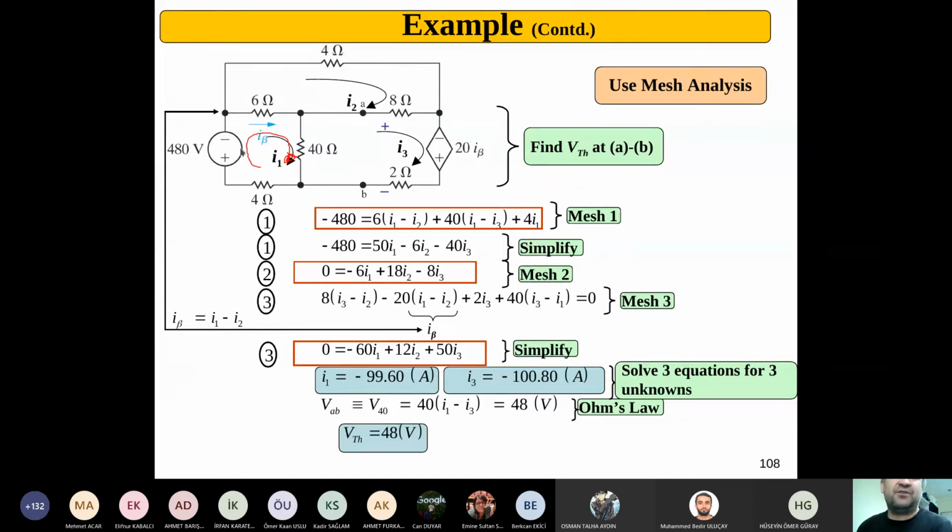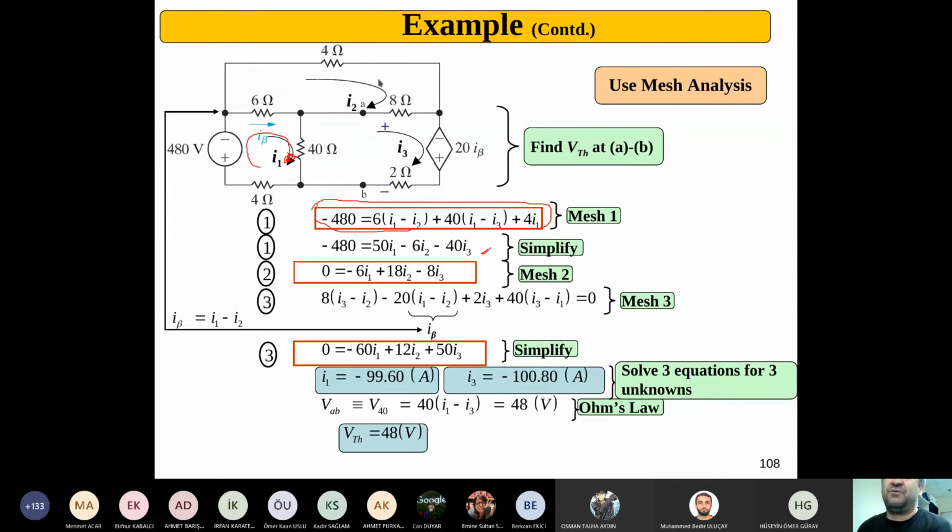If you start from this side, for this one, it is 480 volts plus 6 ohm multiplied by I1 minus I2, plus 40 ohms multiplied with I1 minus I3, and 4 ohms multiplied with I1 only. This is the first mesh equation. You can simplify it, but I'll go to the second mesh.